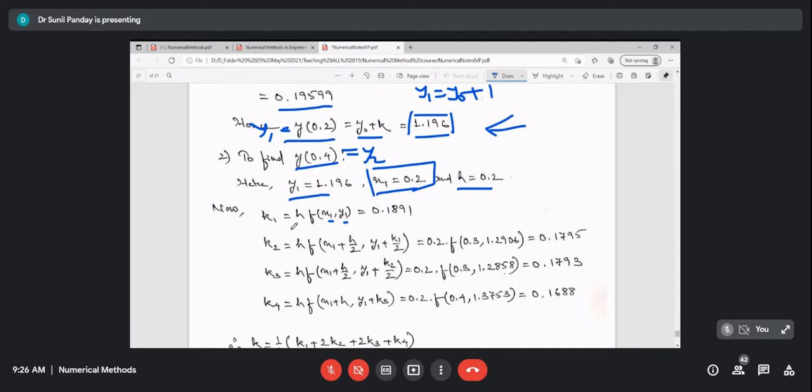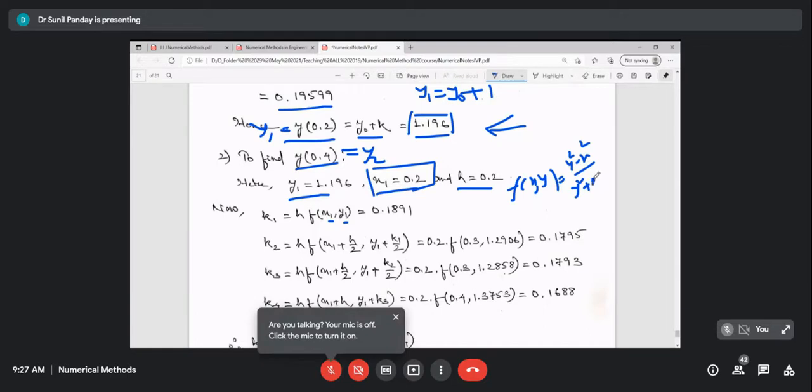So for this, k1 equals h of f of (x1, y1), where x1 is 0.2 and y1 is 1.196, and then you apply the definition of f of x, y: (y square minus x square) divided by (y square plus x square).